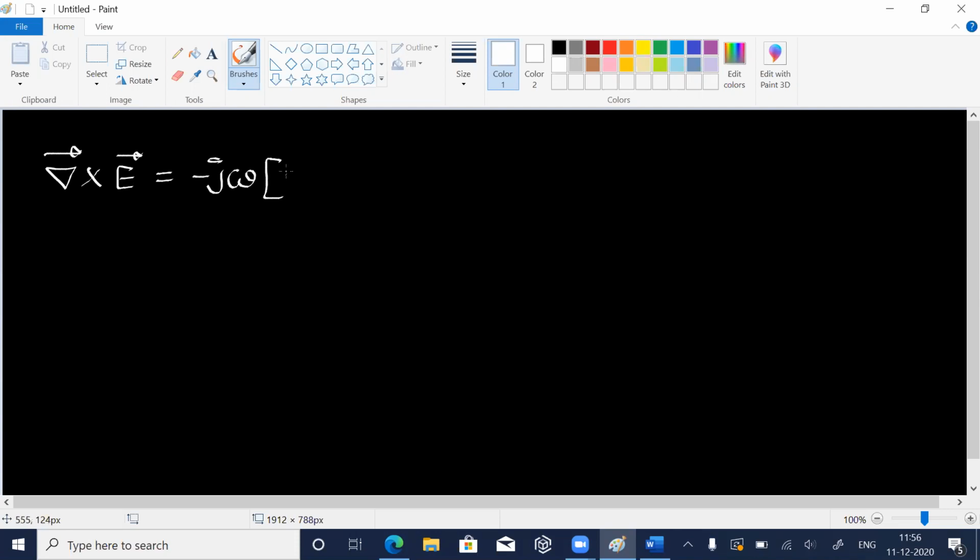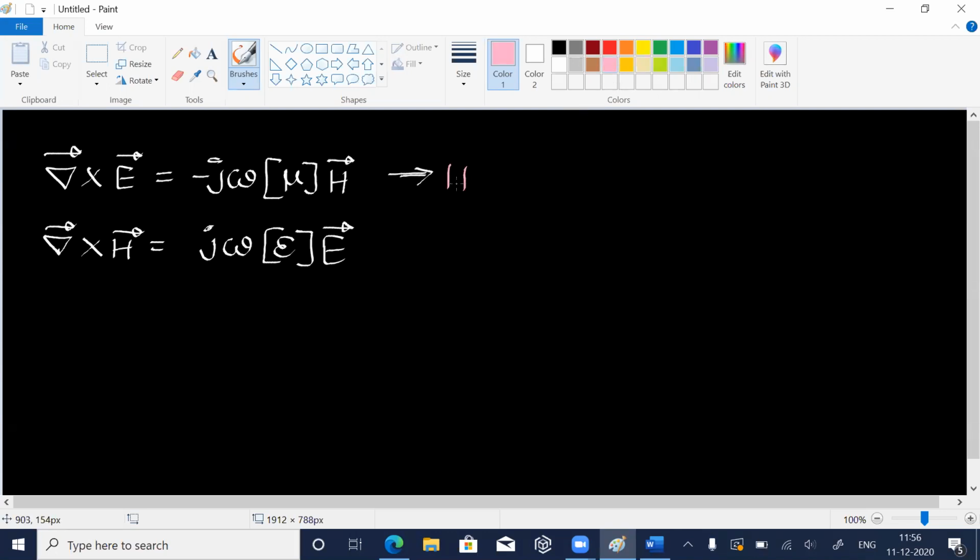So I take curl of E equals minus j omega mu H, and I take again curl of H equal to positive j omega epsilon E. Now I know curl of E is equal to this, and from this let me find H. H is equal to negative 1 over j omega, mu inverse, curl of E. Now I put this H in this.